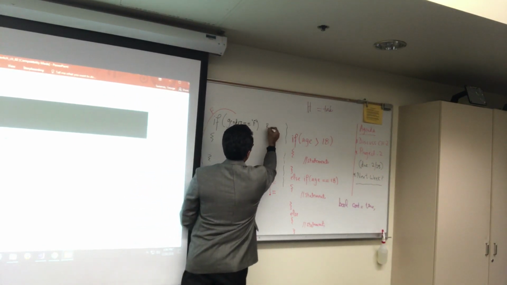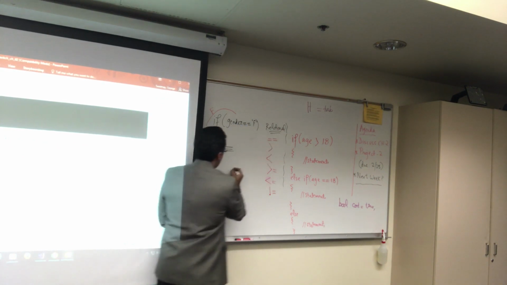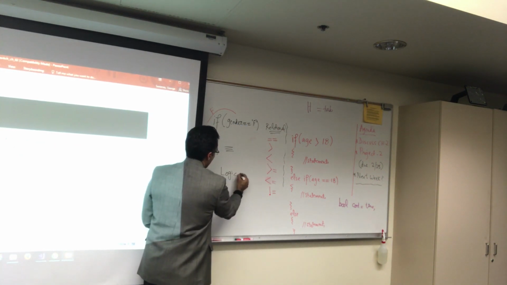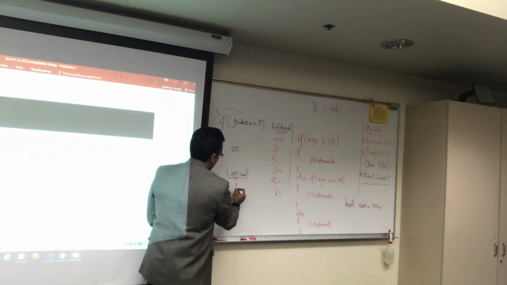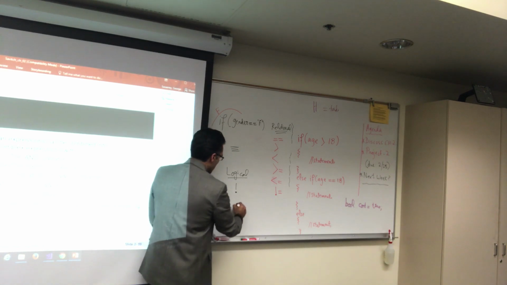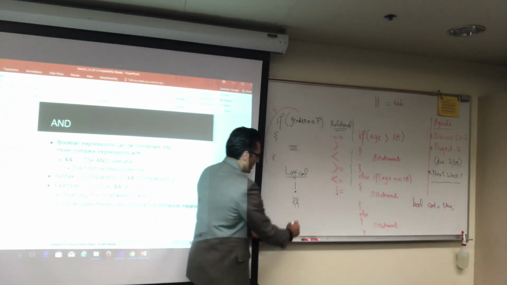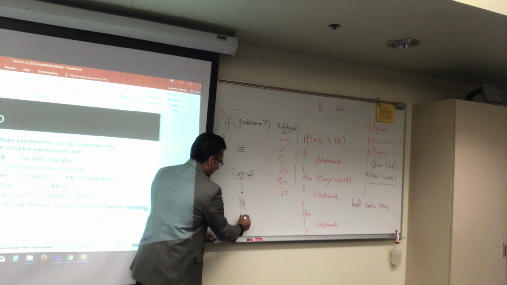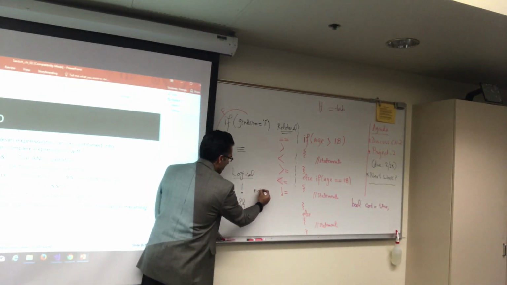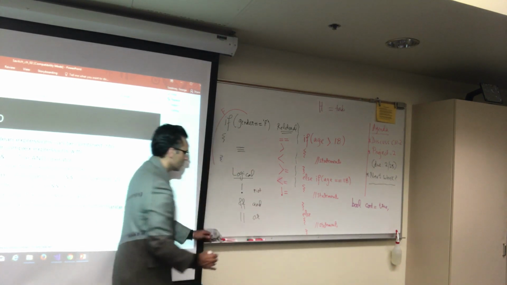So these are relational, and there are logical operators. So there's not. What else? And. This is what the AND looks like in C++. And OR. So this is your NOT operator. This is your AND operator. This is your OR operator. So there are 3 of them.